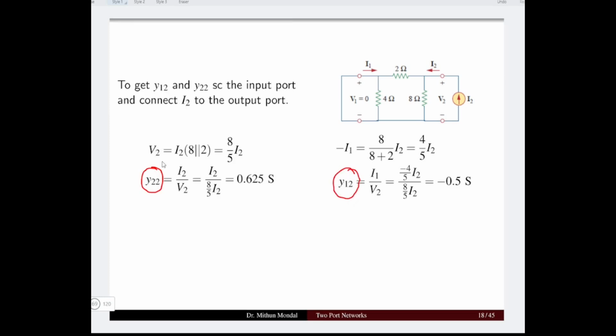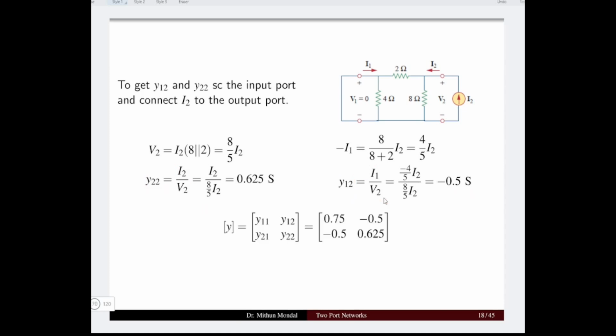Both the parameters we will determine as the ratio of I2 by V2, considering that V1 is equal to 0, and I1 by V2, considering that V1 is equal to 0. So we will do some calculations as given in the circuit theorems rules that we have studied. So we'll get 0.625 Siemens here, and here we'll get minus 0.5 Siemens.